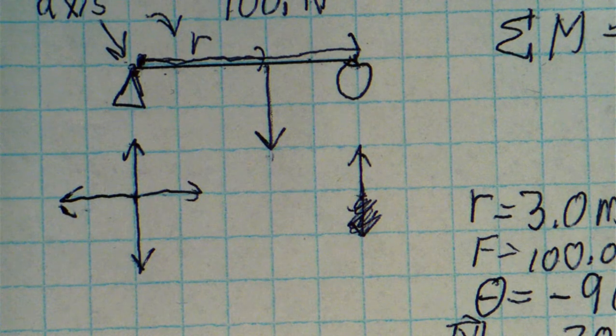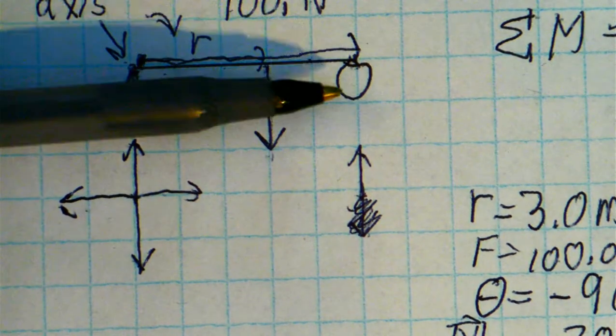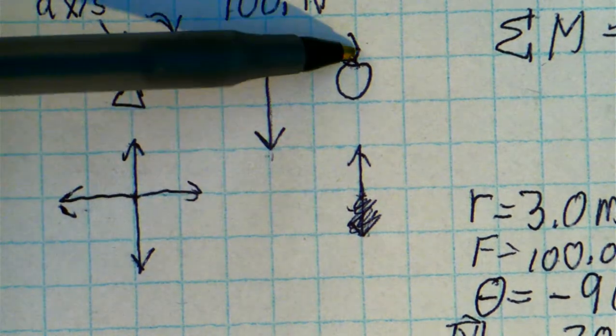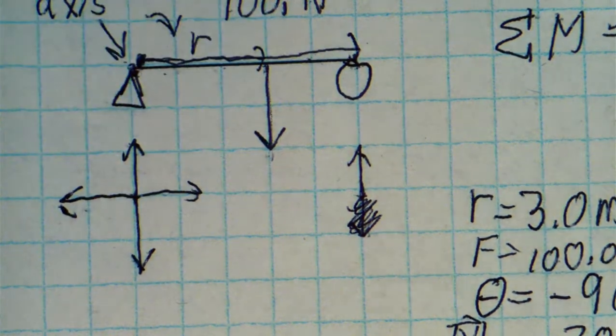If you know better, let me know. I've always avoided giving you problems where the roller has to pull down on the beam. I've always given you problems where, if anything, it pushes up on the beam.